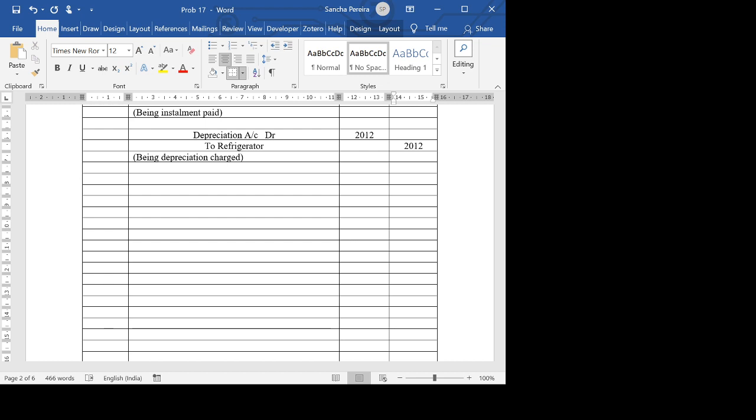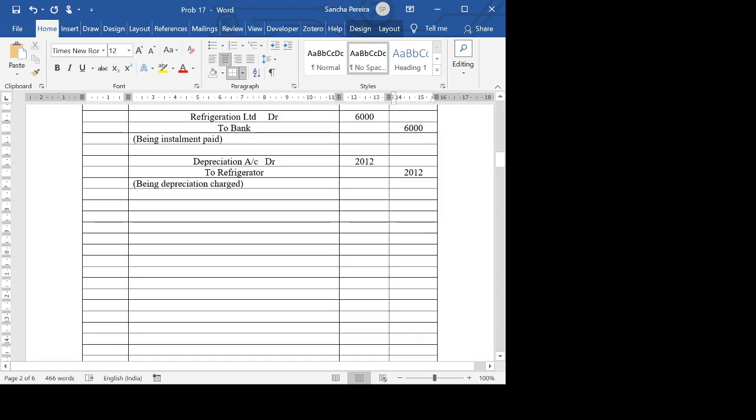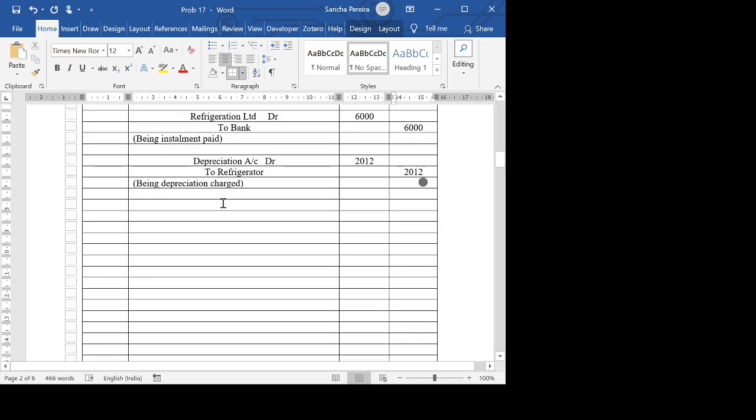And then finally the last entry where we transfer the depreciation and the interest to profit and loss account. So profit and loss account debit to interest, to depreciation.